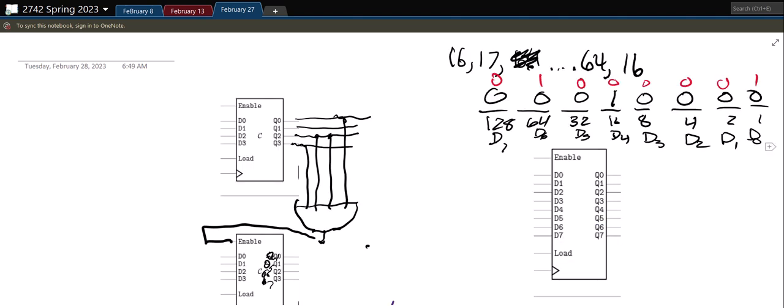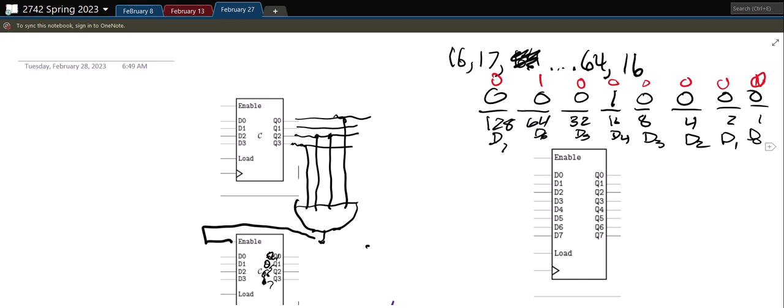And here, it is true though, if we start counting at 16, the first time the D6 or Q6 is going to be 1 is when we get to 64. So we don't have to worry about checking to see if everything else is 0 because that will be the first time that happens.